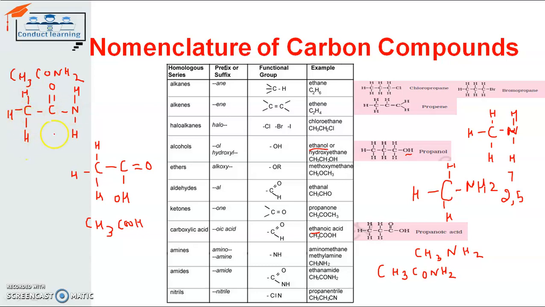In that way, the structure diagram of ethanamide will be done. In the same way, you can draw for nitriles, and the functional group for nitriles is there.